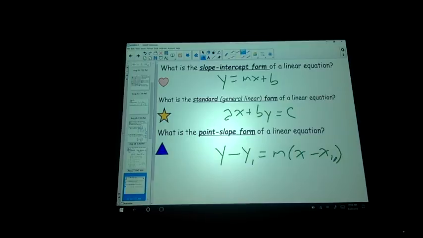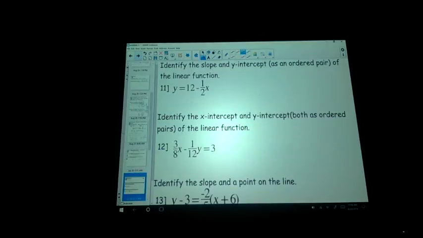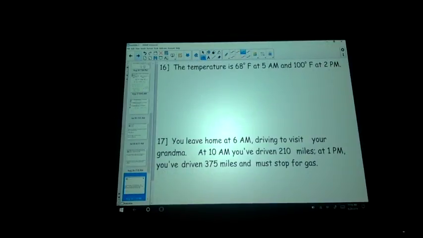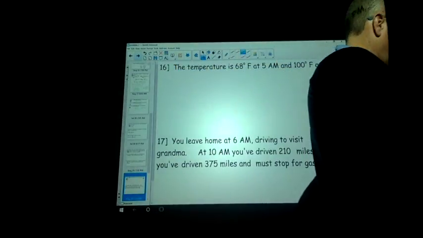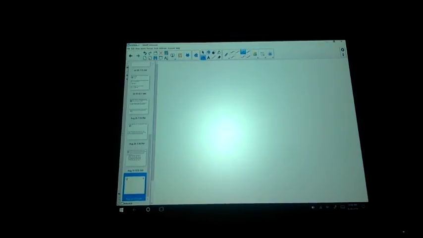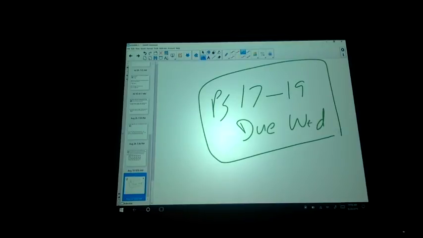Moving forward. How many more slides do I have? Alright, so I know that we're going to run out of space. We're running out of time. So I would like us, for next time, page 17 through 19 due Wednesday.